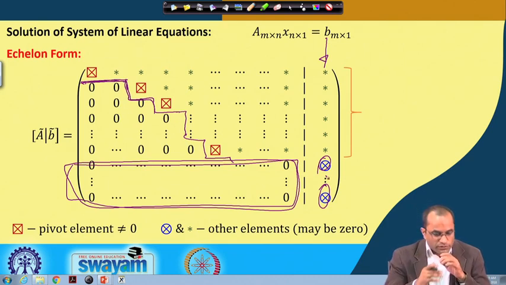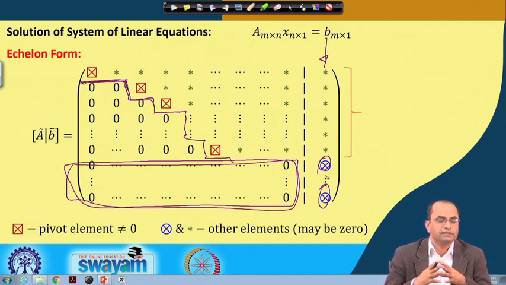So, we will see in one of the examples, a little more general one, how to exactly get this echelon form. If you remember, this Gauss elimination basically had 3 steps.